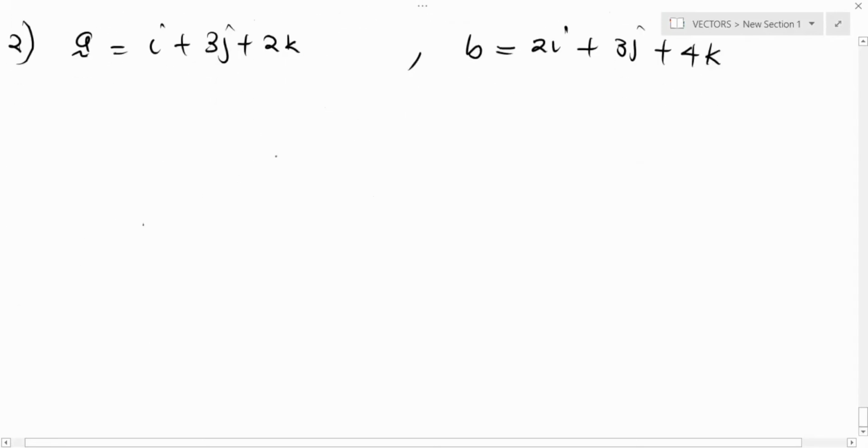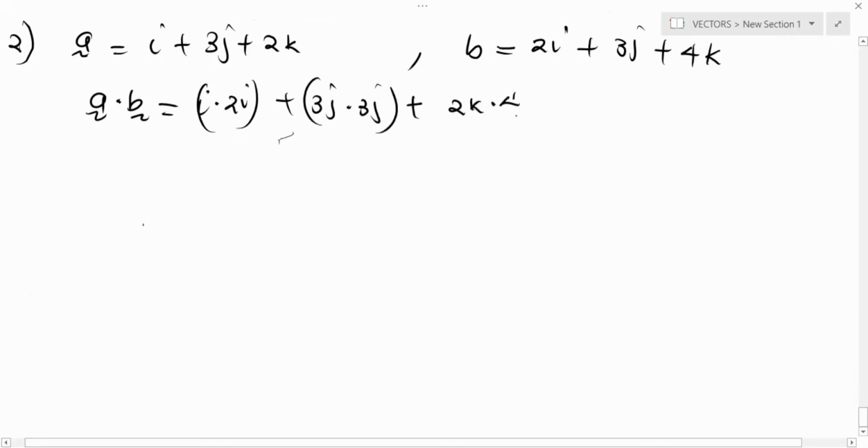A dot B is basically given by i dot 2i plus 3j dot 3j plus 2k dot 4k. That's how we evaluate this. i dot i is 1, so here we have 2, j dot j is 1, so here we have 9, plus k dot k is 1, so here we have 8. So this gives us 19. So that's how we go about getting the dot product.